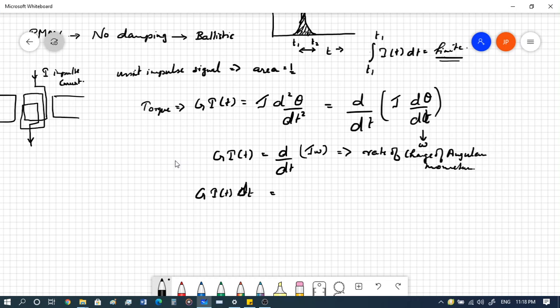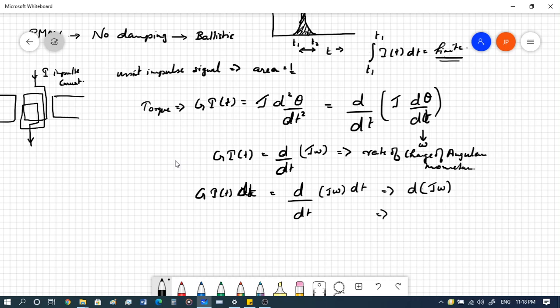Or you can write it as dt, delta t and dt are the same thing. So it becomes d by dt of J omega into dt, which makes it dJ omega, which is the change in angular momentum.